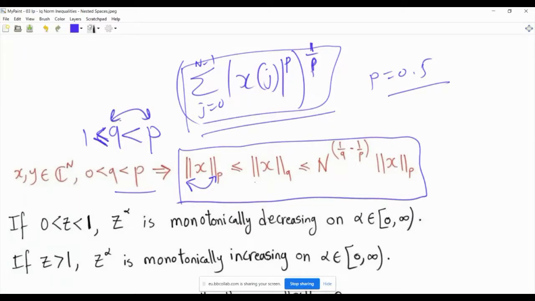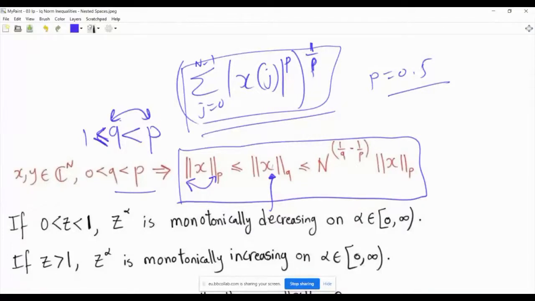So here is the claim: if you take any arbitrary vector in the n-dimensional space and compute the LQ norm and the LP norm, with Q less than P, then the LQ norm is greater than or equal to the LP norm. This is always true.